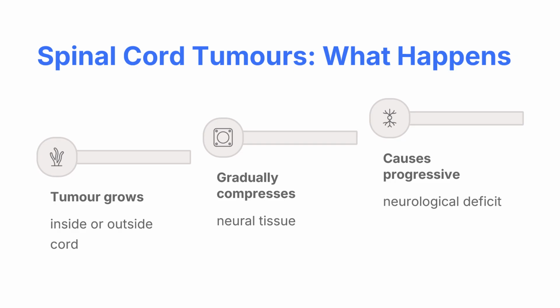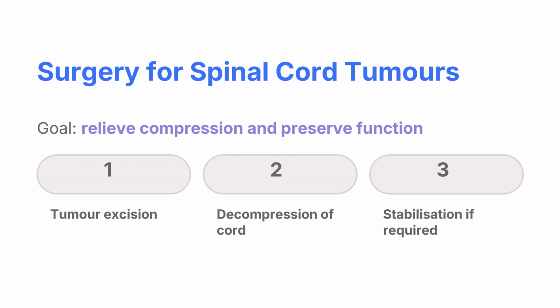So let's see what the surgeries are. Obviously, remove the tumor. This involves tumor excision. The goal is to relieve the compression and preserve function through tumor excision and stabilization.